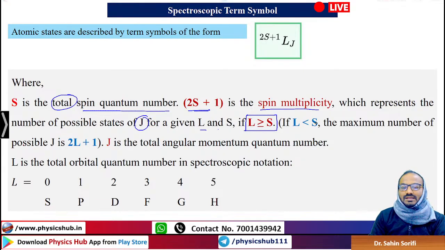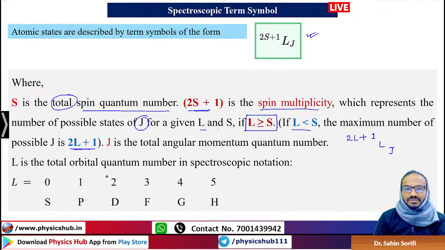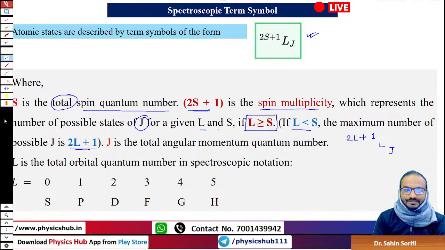If L is less than S, then the maximum number of possible J will be 2L plus 1. Then this spectroscopic symbol will be written in this way, 2L plus 1, L, J. Instead of writing 2S plus 1, we will be writing 2L plus 1. But this is not generally shown. Most of the time, when you talk about the spectroscopic term symbol, the first form is used, because most of the time L is greater than or equal to S. Okay.